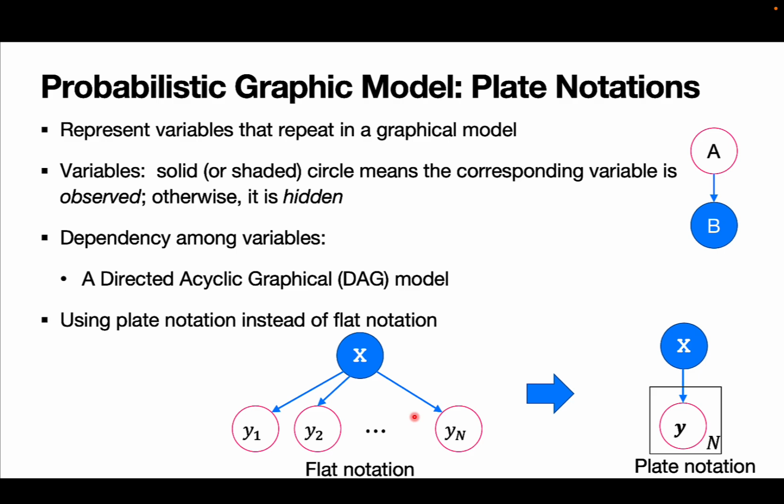To make such graphs easier to understand, we use something that is called the plate notation. In plate notation, a square is used to group related vertices, and the vertices inside the square summarize the structure. In other words, this is a cleaner representation.